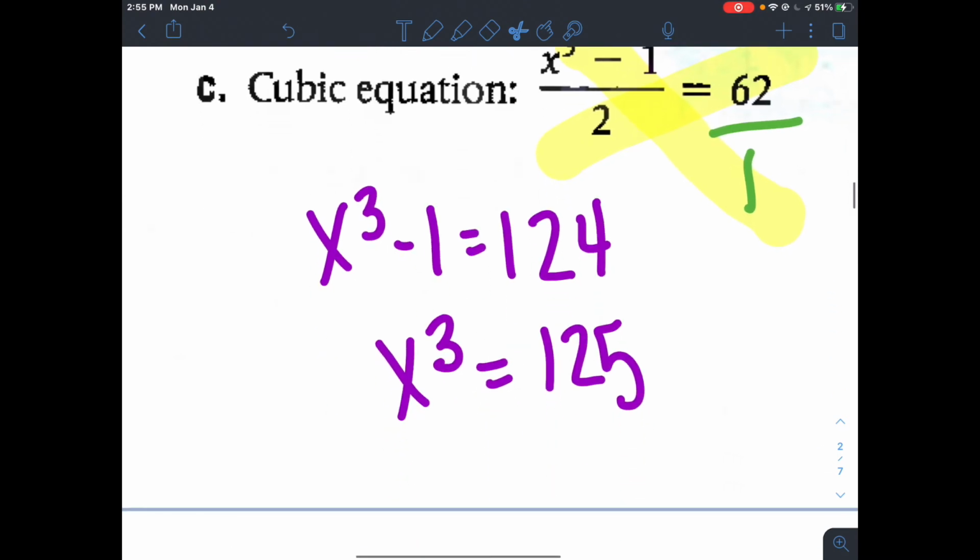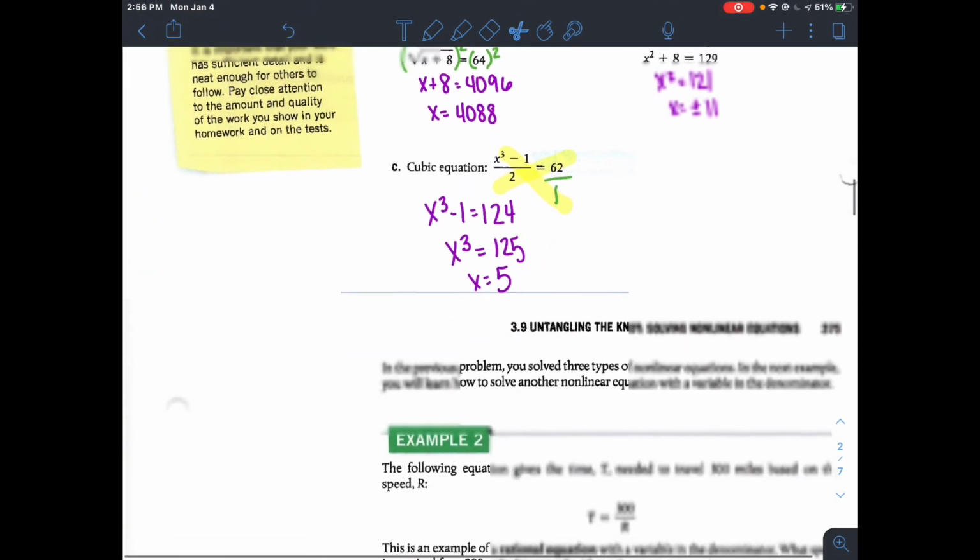I will add 1 to both sides, and then I'm not taking the square root, I'm taking the cube root of each side, and so x will equal 5, not plus or minus 5. That won't give me what I want. If I had negative 5 times negative 5 times negative 5, it would give me negative 125, so it's not plus or minus, it's just strictly positive 5 for that one.